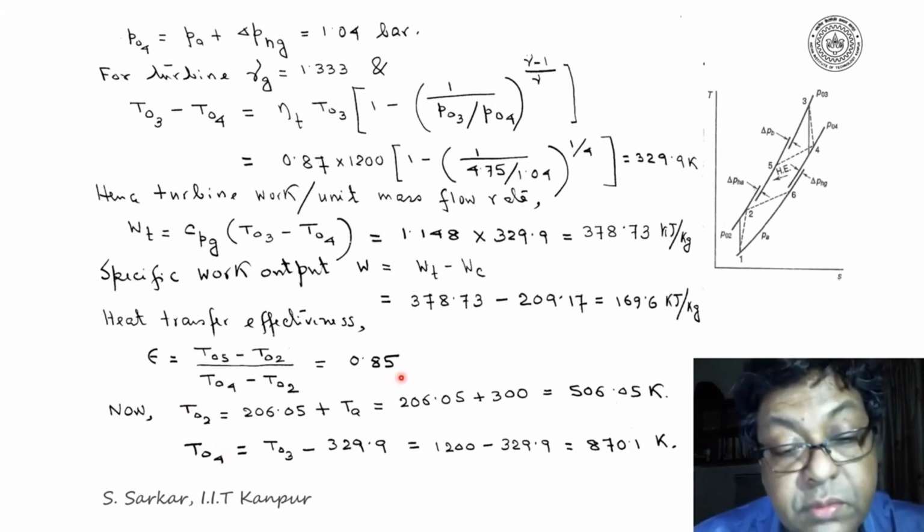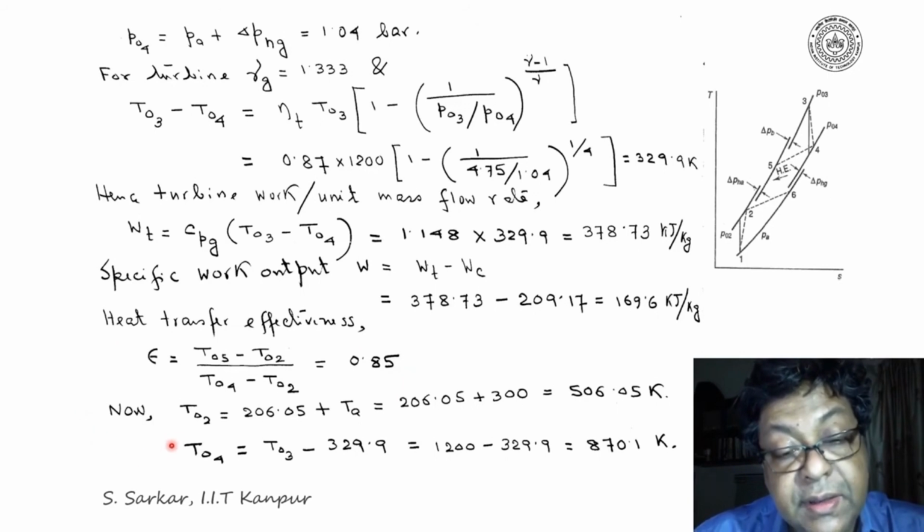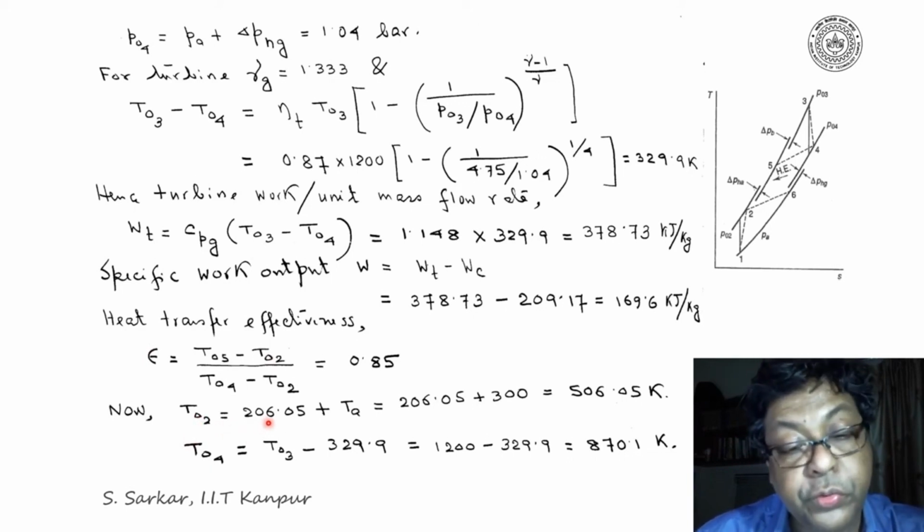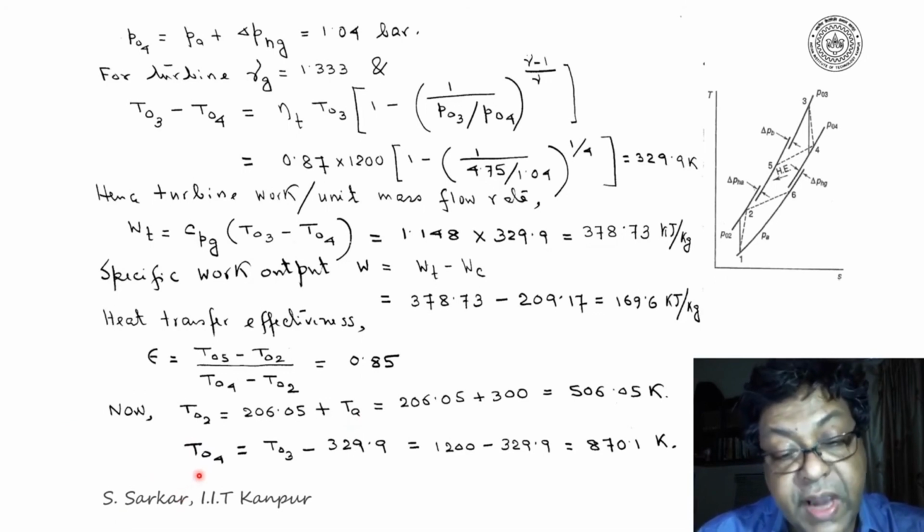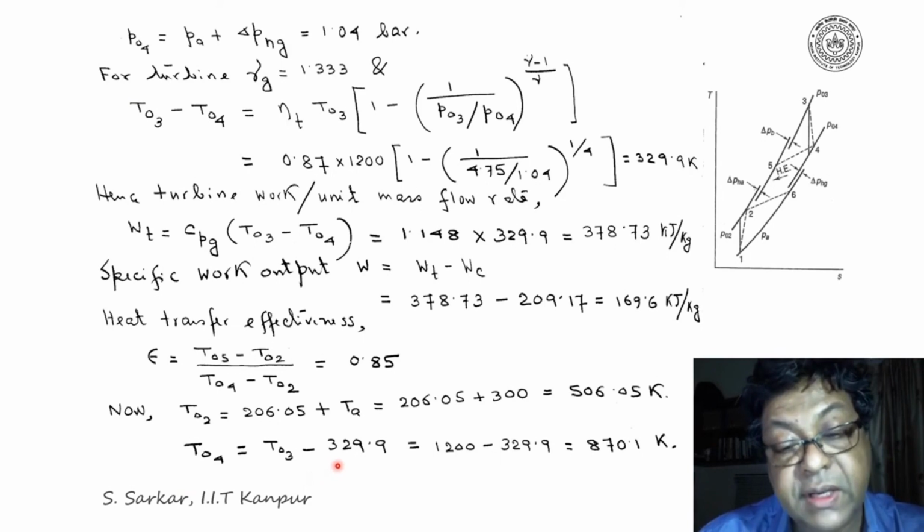Now I can calculate T02, that I have already done earlier, would be equal to 206.05 plus TA. Similarly, I can calculate T04 from here. You see, T04 is equal to T03 minus 329.9.